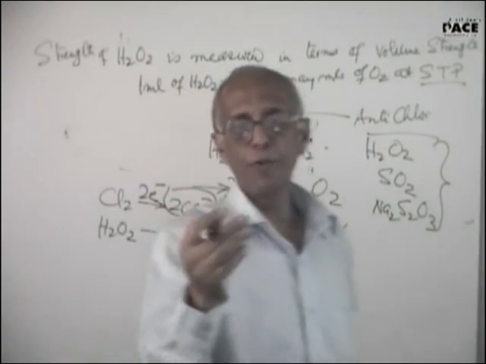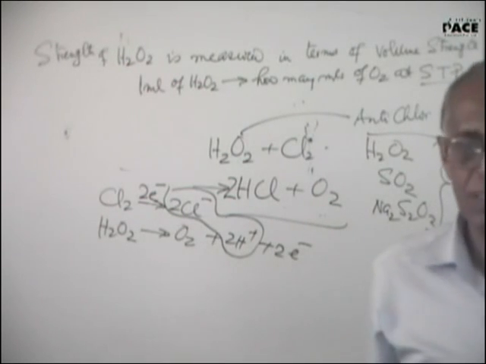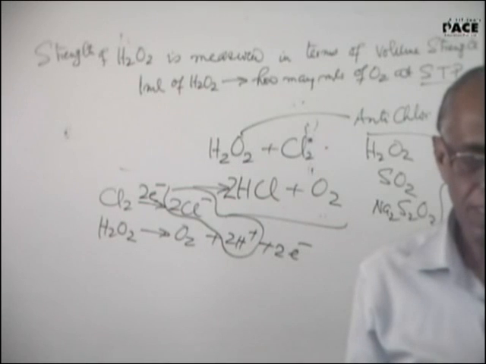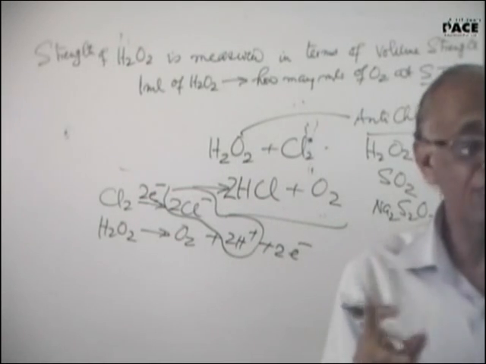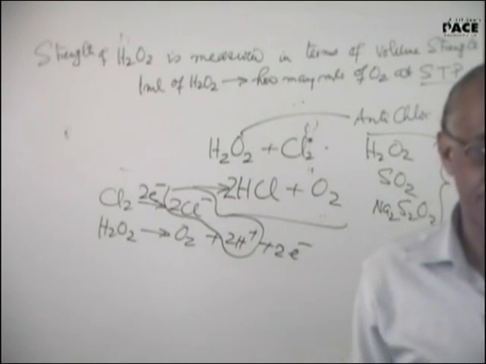So when you say 20 volume hydrogen peroxide, that means 1 ml of hydrogen peroxide will give me 20 ml of oxygen at STP. STP is very important. You have to define the condition.